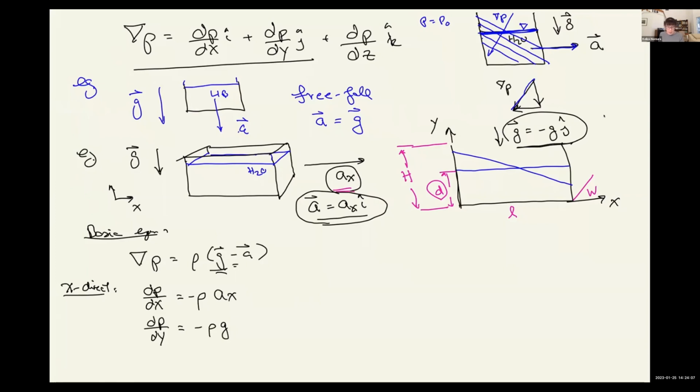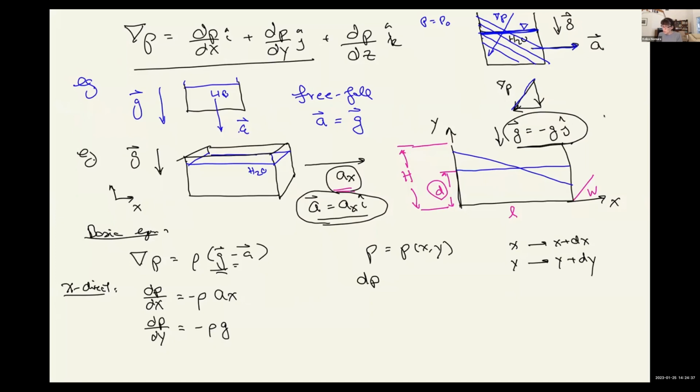Okay, so those are the two component equations. And then in general, we can consider p as a function of x and y. And we can also consider the change in pressure, dp, a small change in pressure between two points that vary from x to x plus dx and y to y plus dy.